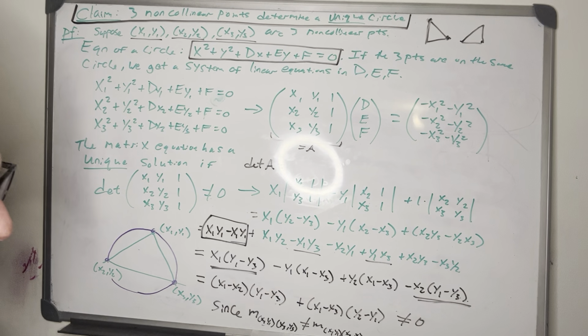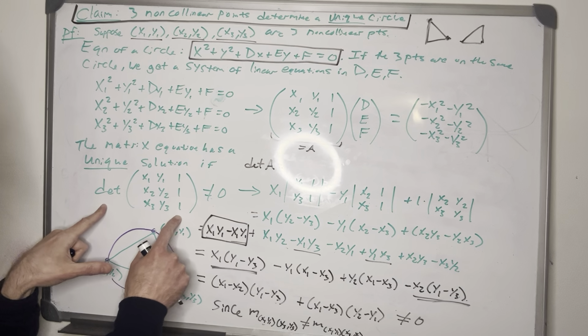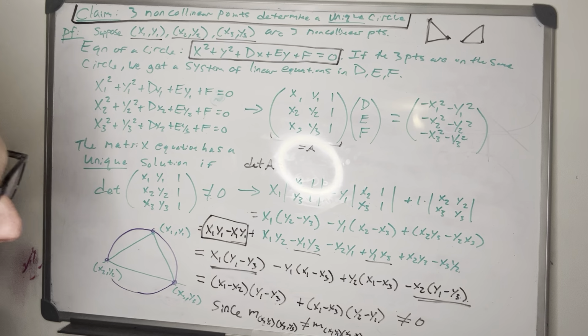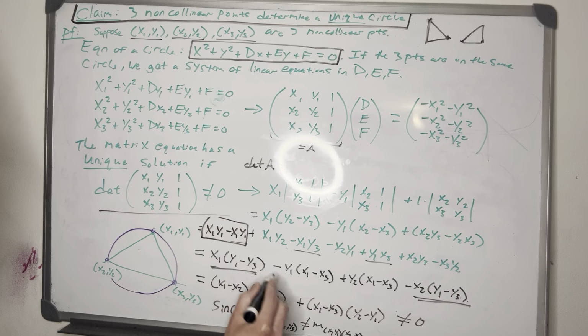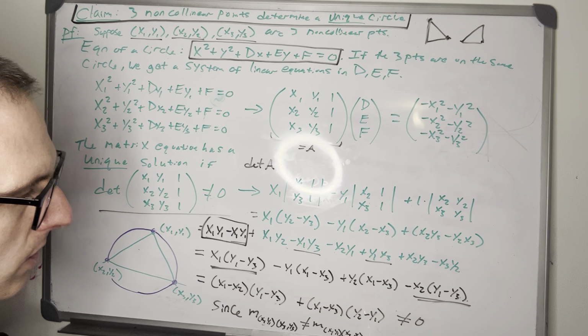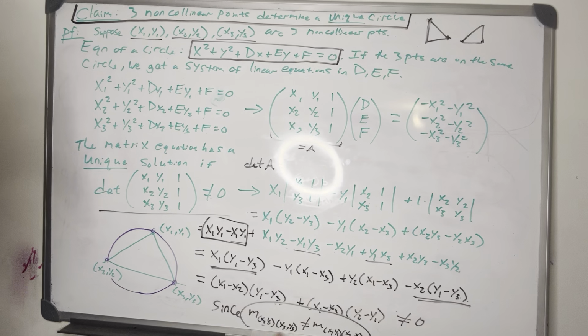Okay, so what was really neat is the connection between the determinant and the slopes of the lines, which is really kind of neat. To say that this determinant is non-zero is equivalent to saying something about the two slopes.